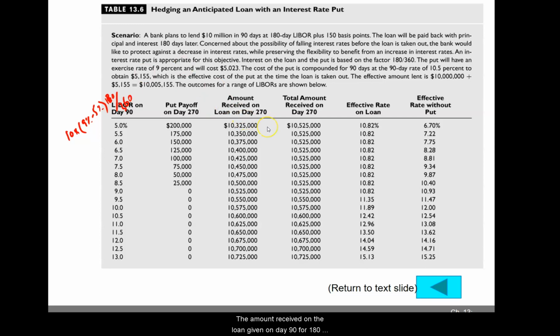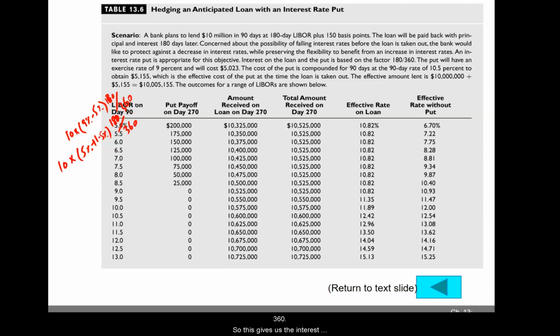And then the amount received on the loan given on day 90 for 180 days will be received on the 270th day from now. So the interest of 325,000 can be estimated as 10 million multiplied by the interest rate of 5%, but there is also a spread of 1.5%, multiplied by 180 divided by 360.